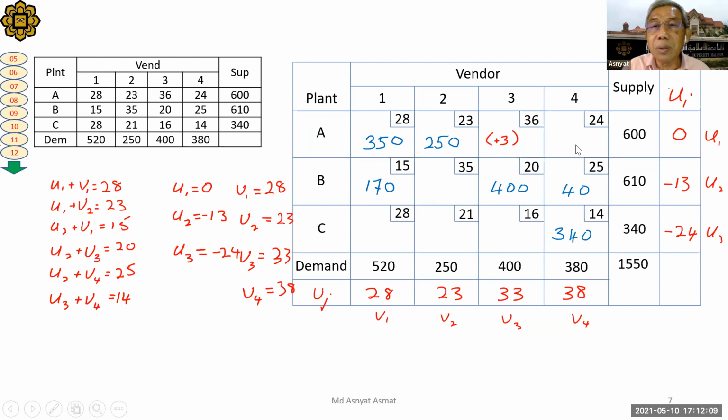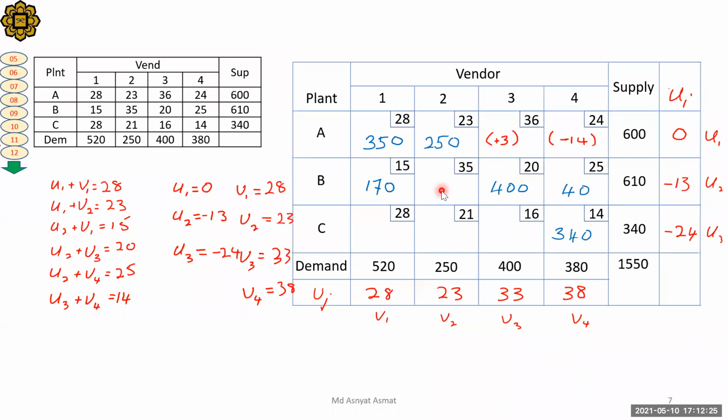And then the next one: 24 minus 0 minus 38. Minus 14. And here, 35 minus negative 13 minus 23. 48 minus 23, positive 25.